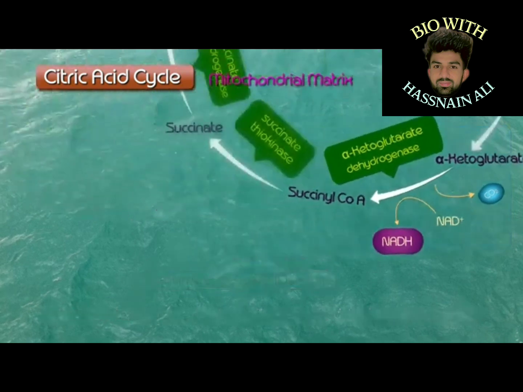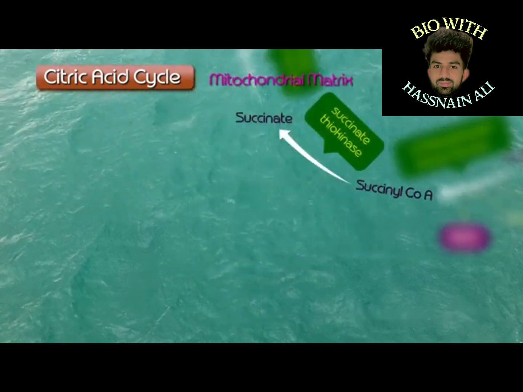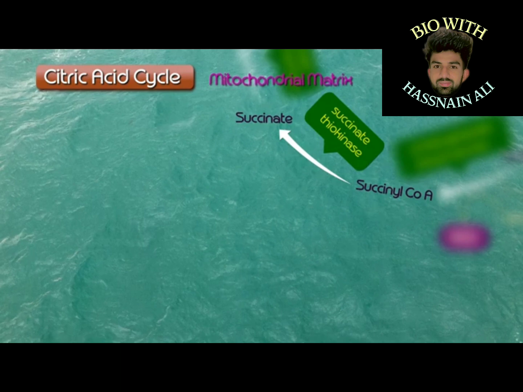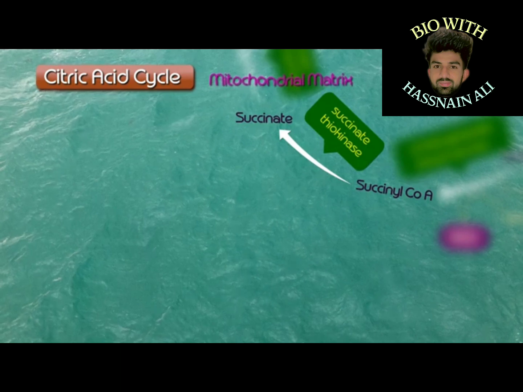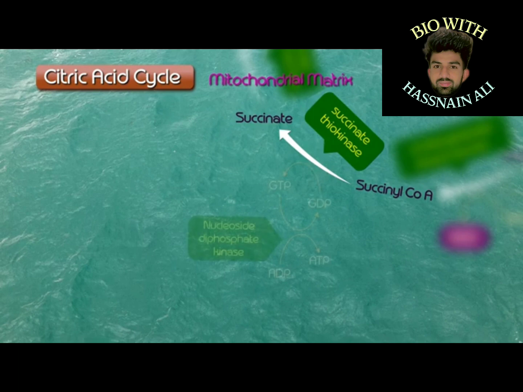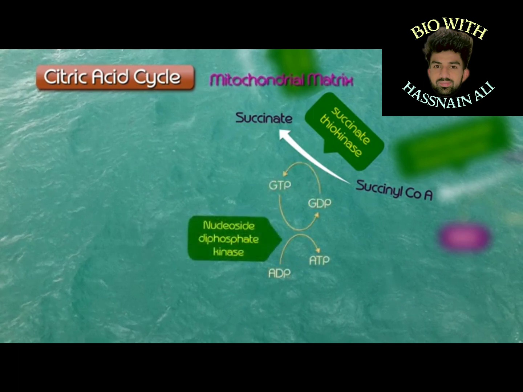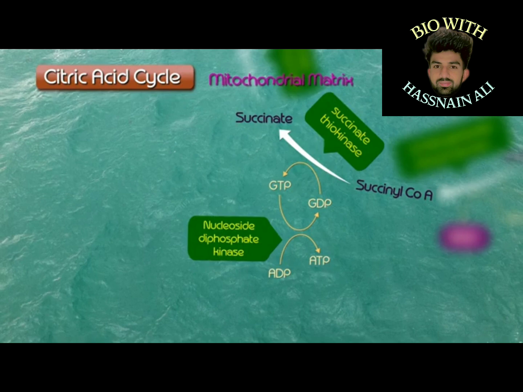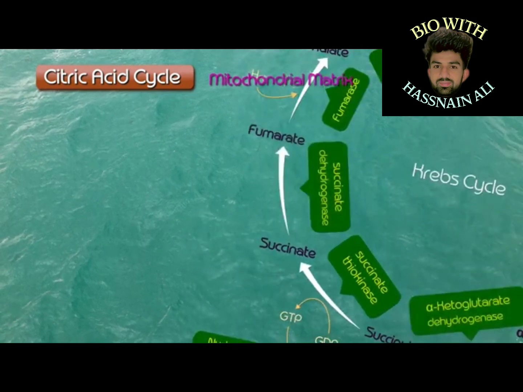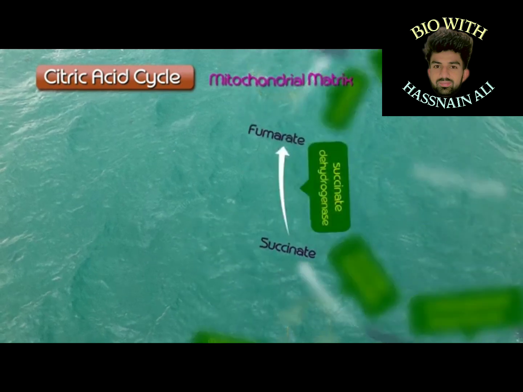So the succinyl-CoA synthetase converts succinyl-CoA into succinate and coenzyme A, which is the substrate level phosphorylation where GTP is produced, and finally one GTP is converted into ATP. And the succinate dehydrogenase complex catalyzes the oxidation of succinate to fumarate.